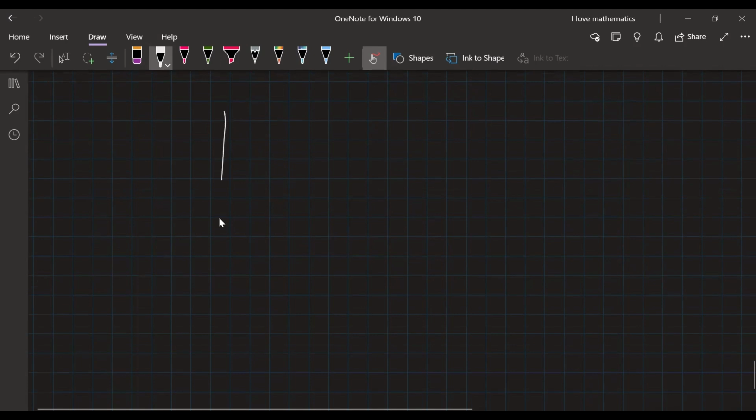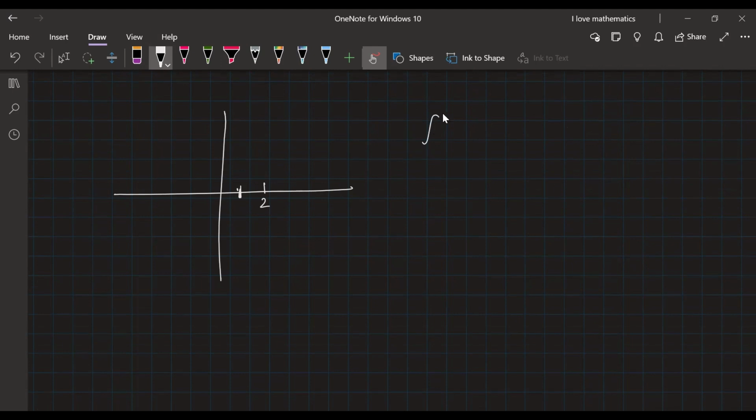Even though you are giving 1, the value is still 0. Even though you're putting 2 in f of x minus 1, where f of x is x squared, the value is still 1. Even though you're putting 3, the value is still 4. So you can see the graph goes something like this. It is now shifted 1 unit in the right direction.